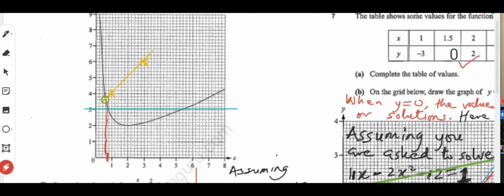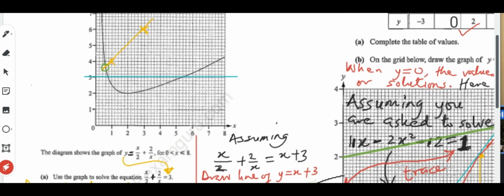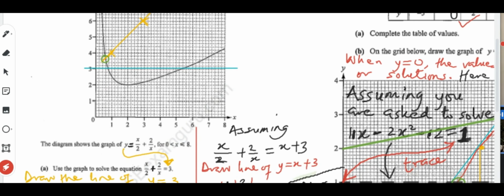What's this value? Approximately what? 0.8 thereabout. Okay, but let's go ahead and solve the one we're given.